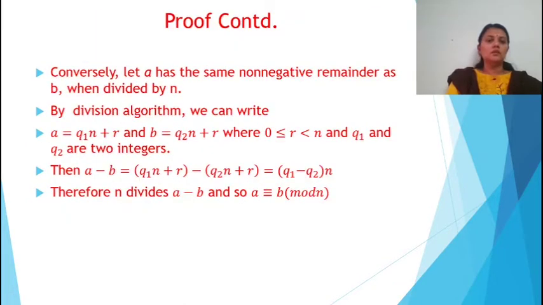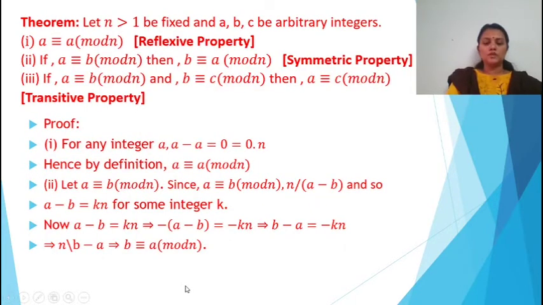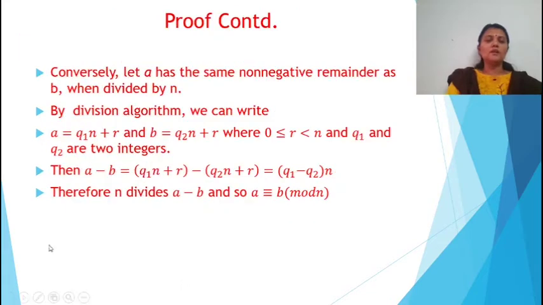Now we have the converse part. The theorem is if and only if, so we have to prove both sides. In the converse part, assume that a has the same non-negative remainder as b when divided by n. Then by the division algorithm we can write a equals q1n plus r and b equals q2n plus r, where 0 is less than or equal to r less than n, and q1 and q2 are two integers.